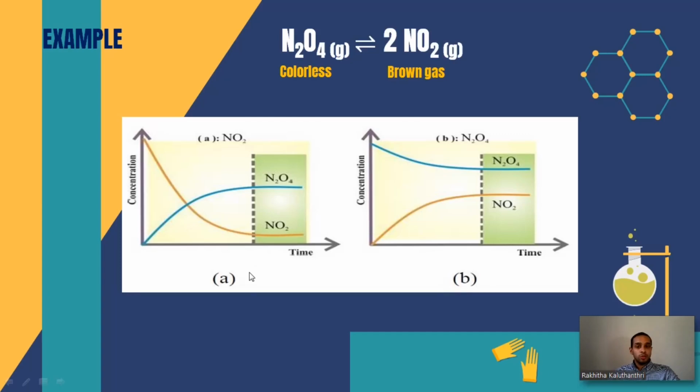At one point, these concentrations will become constant because the rates at which NO2 converts into N2O4 and N2O4 converts back into NO2 become equal. So when the forward and backward reaction rates become equal, the concentrations also become constant and we obtain an equilibrium, right?